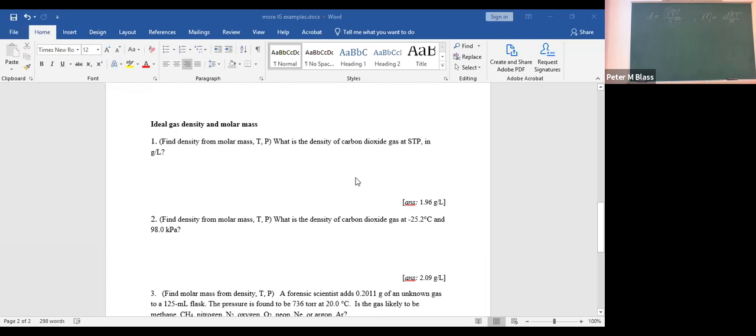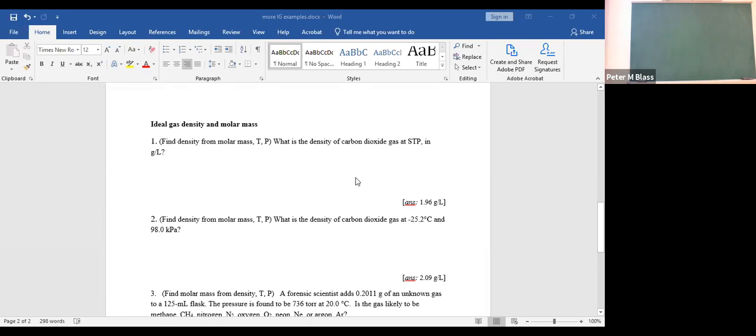While you're reading that, I'm going to write some of the material on the board that we need. That first problem we'll look at, let's see, it's find the density from the molar mass. Oh, okay. Well, I think I know which equation I want. What is the density of carbon dioxide gas at STP in grams per liter?